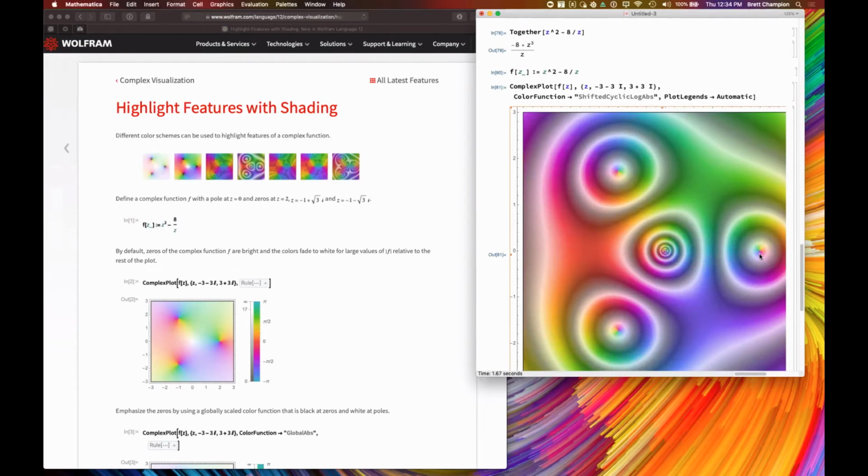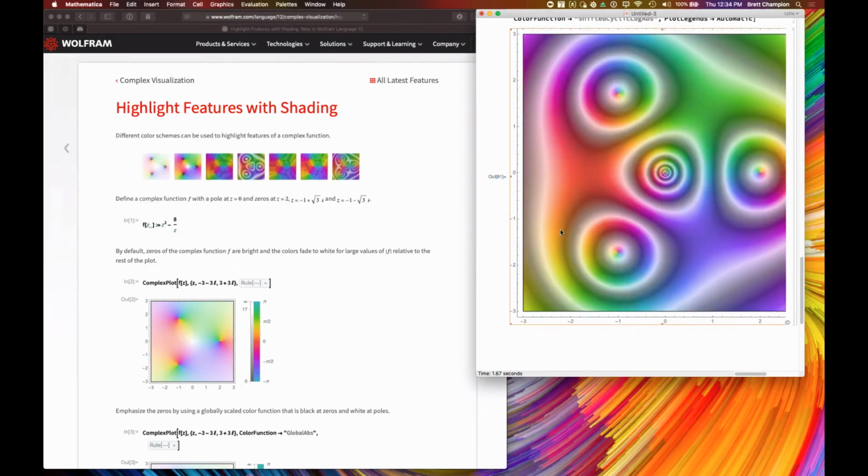And then you have your light to dark transitions as it grows out. And when you go into a pole, you won't end up with the same color wheel because you'll get the accumulation of this banding coming up on that point. And so it ends up looking a little bit differently.